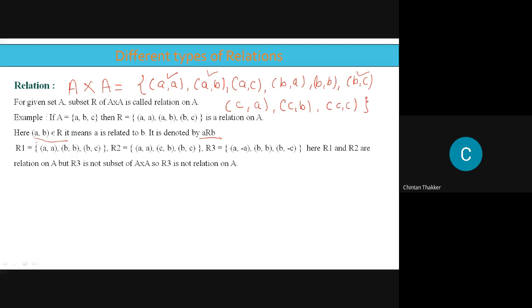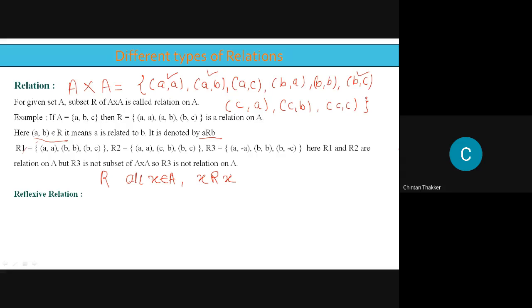So the first type of relation is reflexive relation. Now reflexive relation means, suppose R is a relation on a set A, then reflexive means for all x belongs to A, x is related to itself, x.